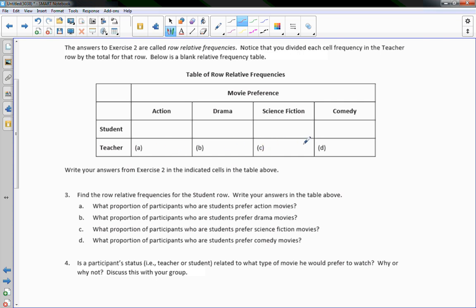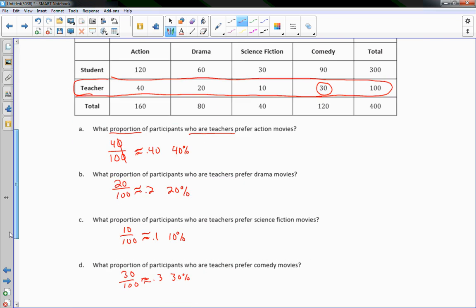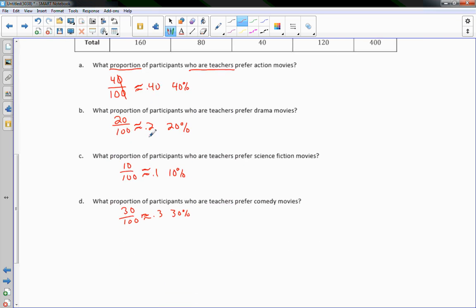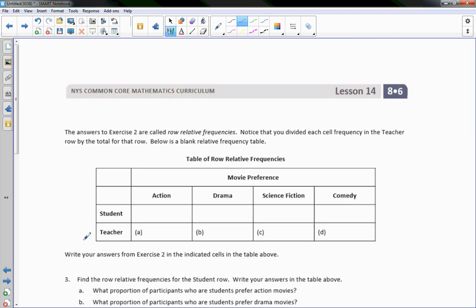So I want them here. We did teachers. So the answer from A goes here, B goes here, C and D. So I'm going to go back and look at those. So it goes 0.4, 0.2, 0.1, 0.3.